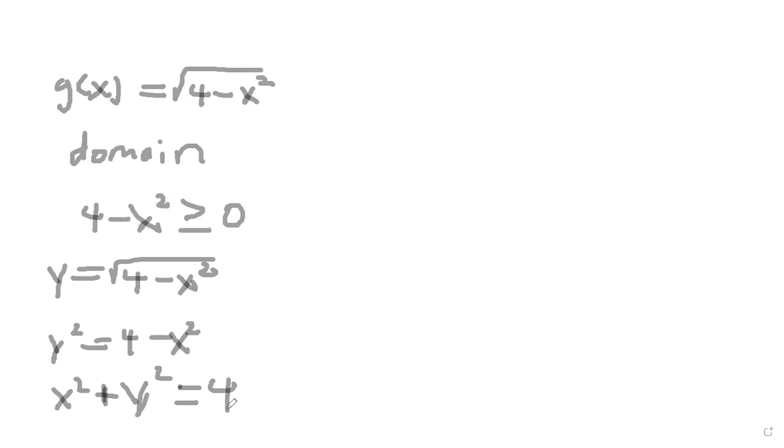If you look at the domain, if we put 5 in there, it'll be 4 minus 25, and that wouldn't work. So just by looking, 2 and negative 2.